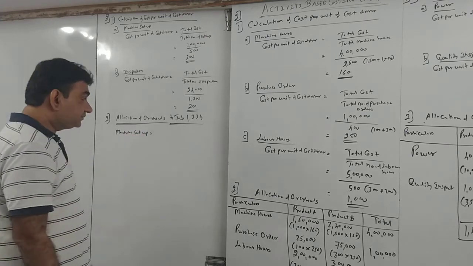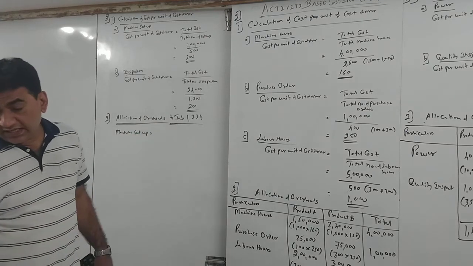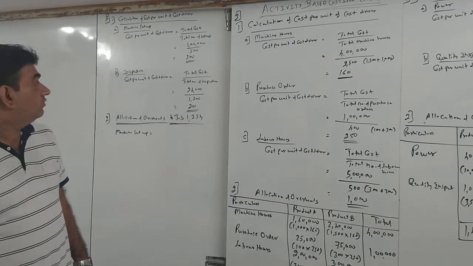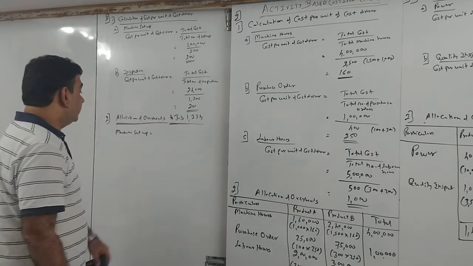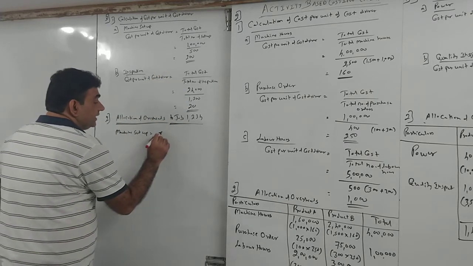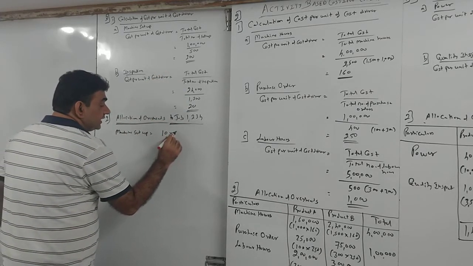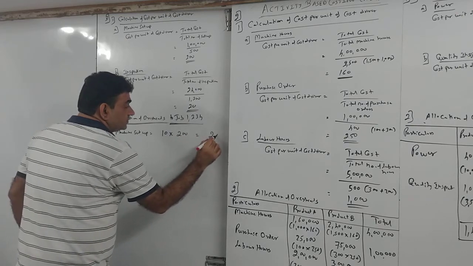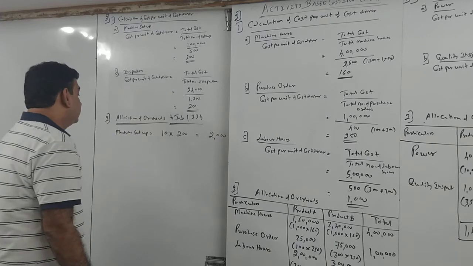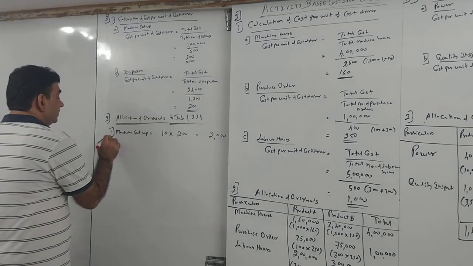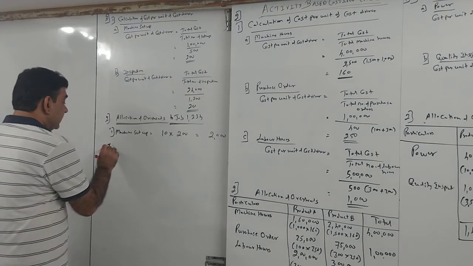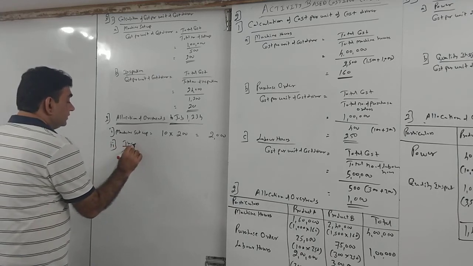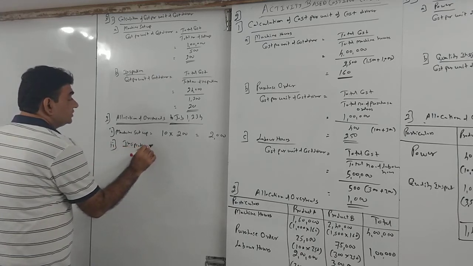Now see. What is the number of setup what they have given you? 10 setup. What is the cost per setup? 200. So machine setup will be 10 setup into 200. That gives you 2000. Okay? We'll make it as 2-1. And second, what is the second thing? Inspection.